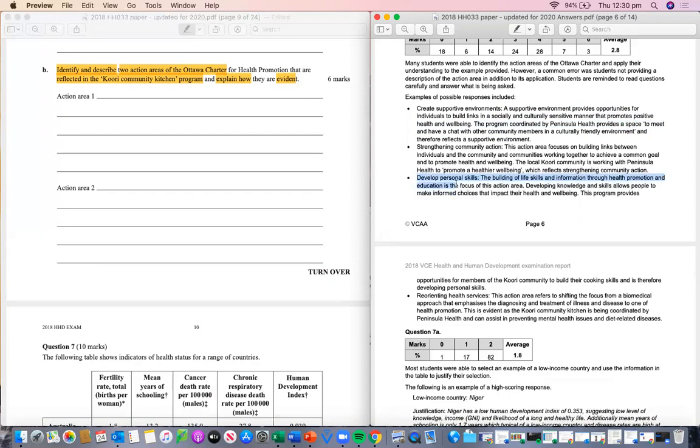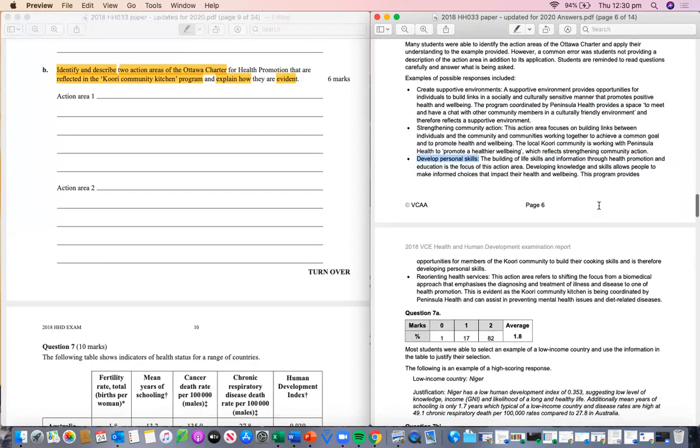For develop personal skills, 1 mark. Building of life skills and information through health promotion and education is a key focus in this action area. Developing knowledge and skills allows people to make informed choices impacting their health and wellbeing. So I'd say this whole statement would be that second mark, because it's looking at education, and then it goes on to developing knowledge and skills to make informed choices.